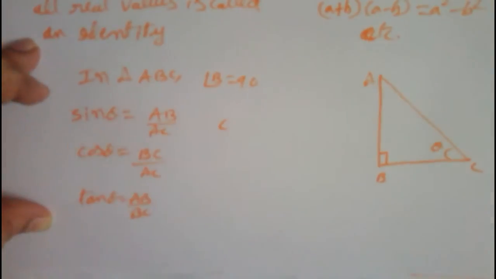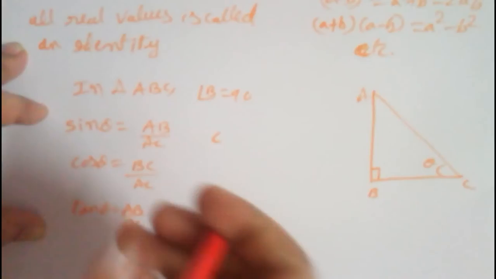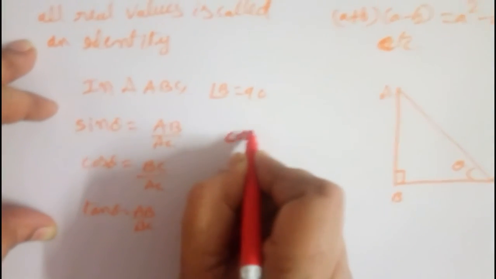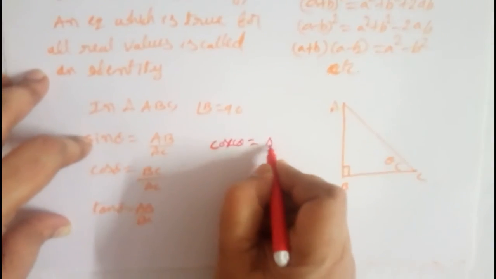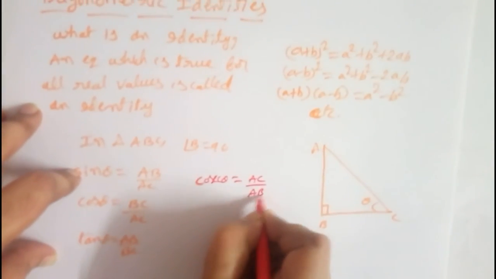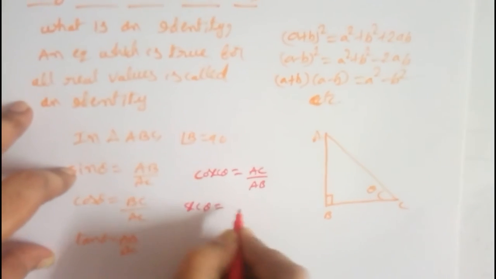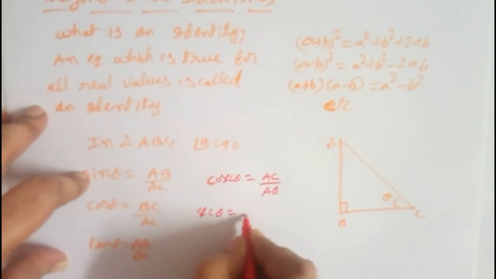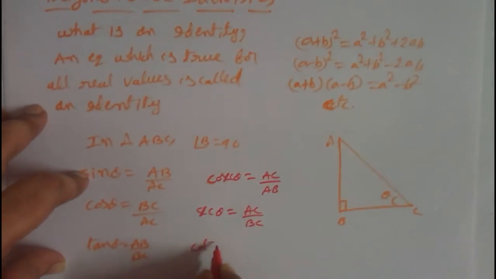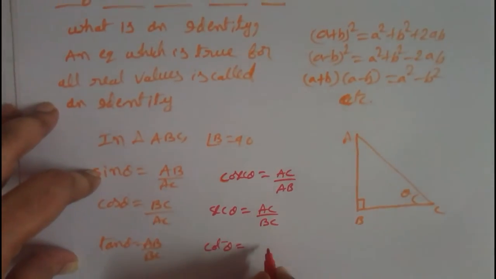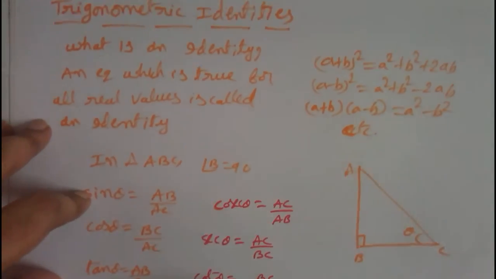Cosecant theta, reciprocal of sine, that is AC by AB. Secant theta, reciprocal of cos, AC by BC. Cot theta, reciprocal of tan, that is BC by AB.